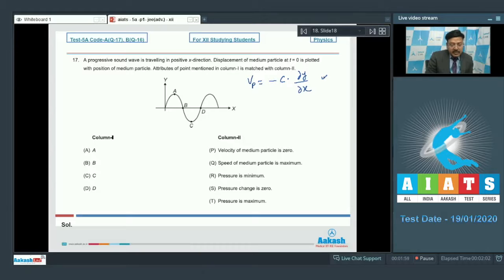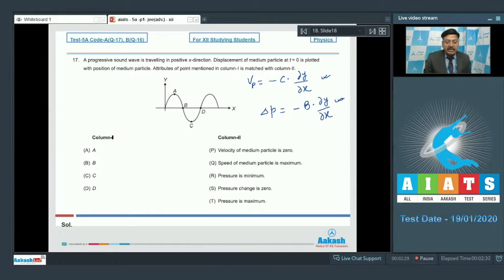This is for particle velocity, and as far as pressure variation goes, we have expression delta P is equal to minus B, the bulk modulus, into del Y by del X. These are the key ideas that need to be used.